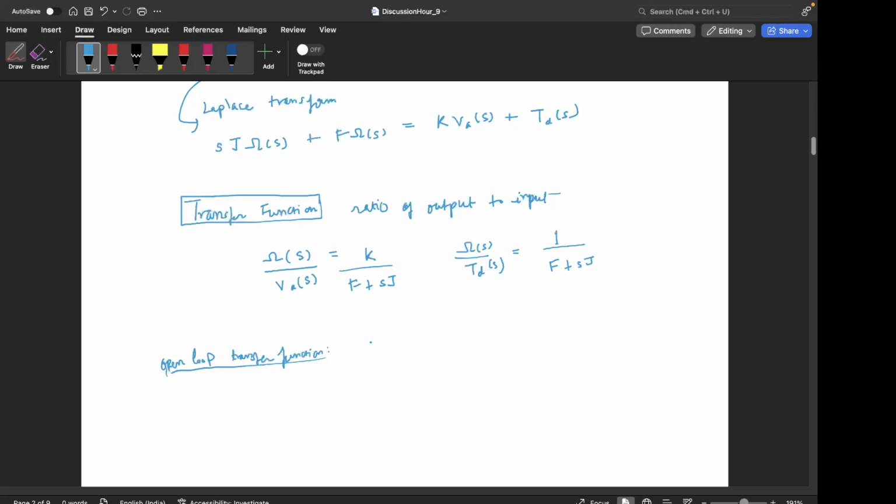So the chances of the system getting destabilized are much higher in an open loop system than in a closed loop system. Of course, we'll have to tune the gains in the closed loop system as well, but with the right gains, we can achieve very accurate behavior, and also handle these changes in the parameters, so robustness basically.